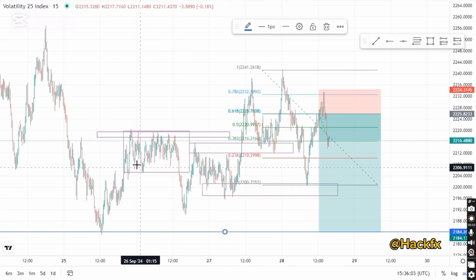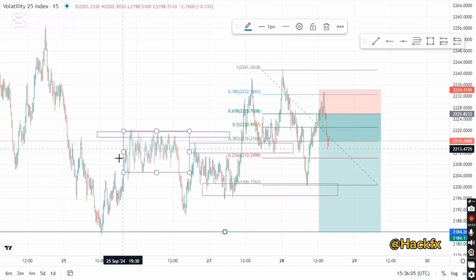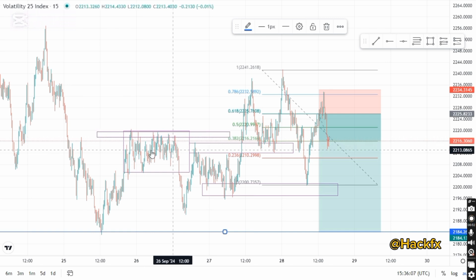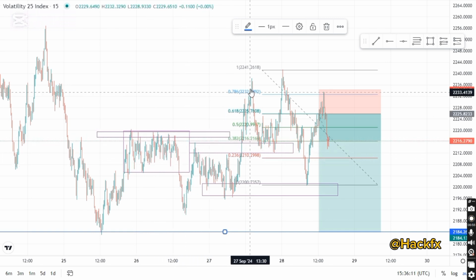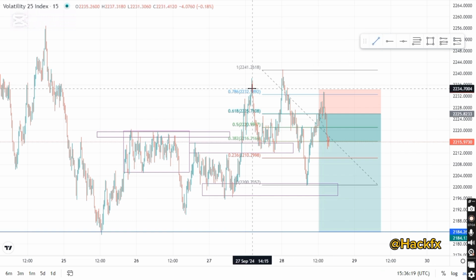Let me take that again. Number one, a consolidation around this point. Number two, a breakout to the upward side, taking out liquidity. Number three, a pullback to the previous low.